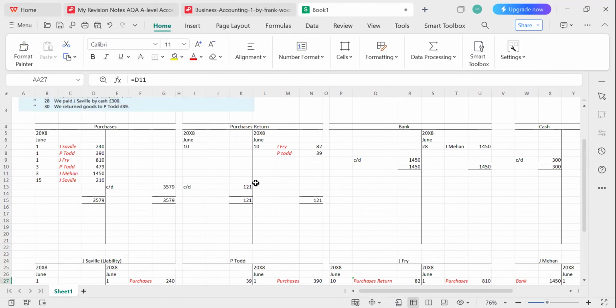Okay, all right. So these carried down balances, they actually become the brought down balance for the next year. So brought down balance of purchases is on this side, and that is 3579.